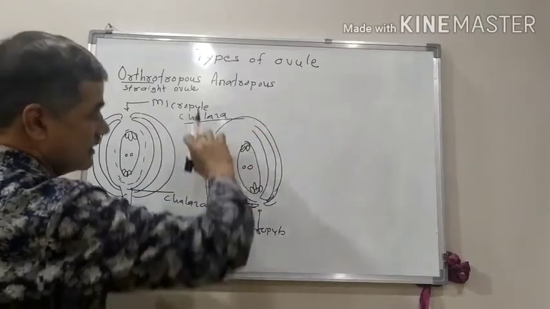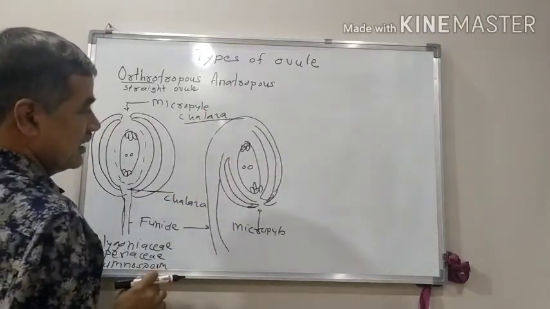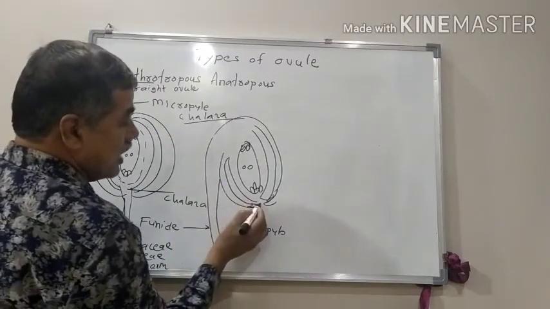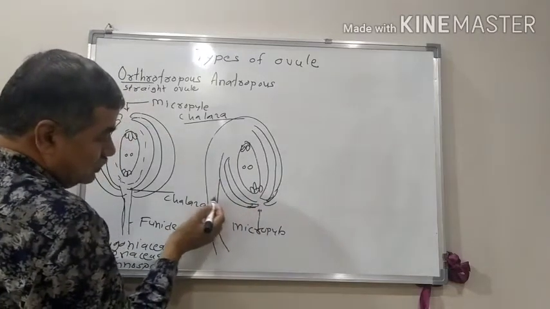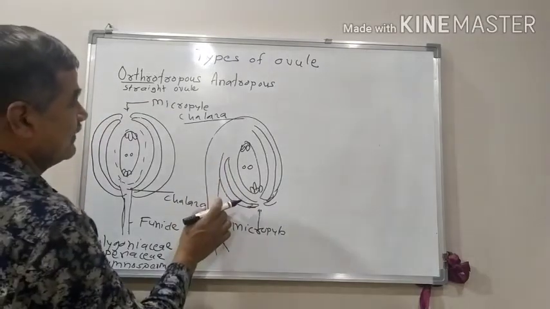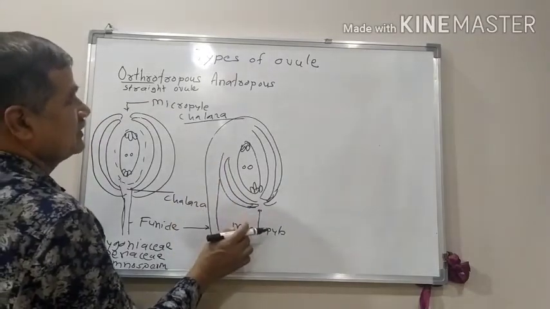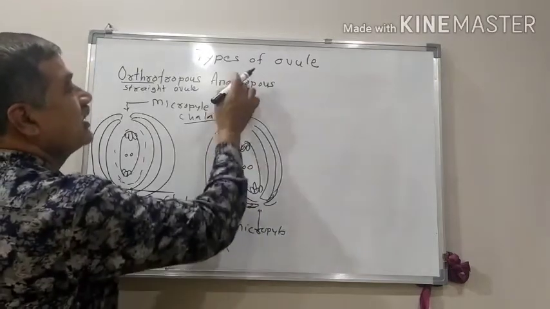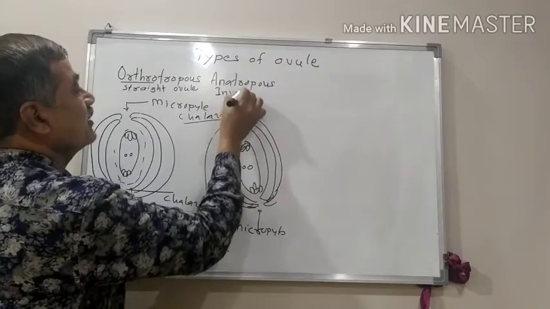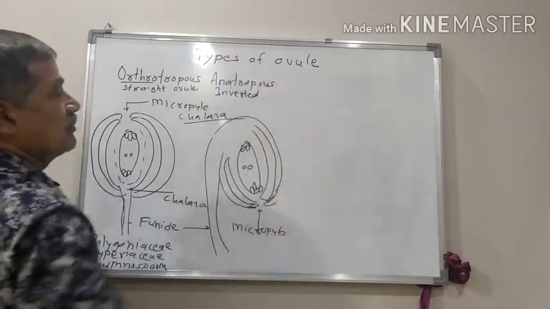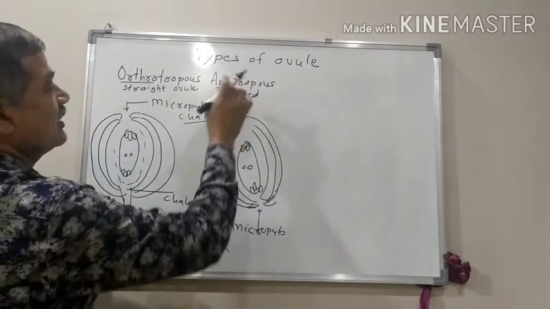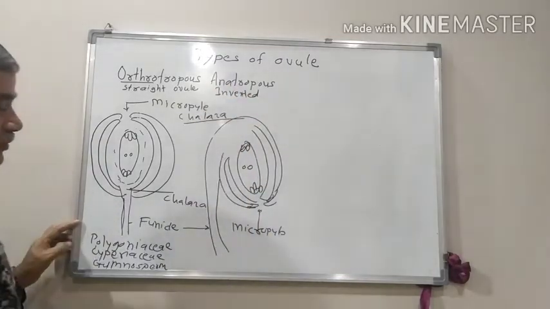It is inverted, that is bent, and the micropyle lies close to the funicle. Such a type of ovule is known as anatropous, also called the inverted type of ovule.